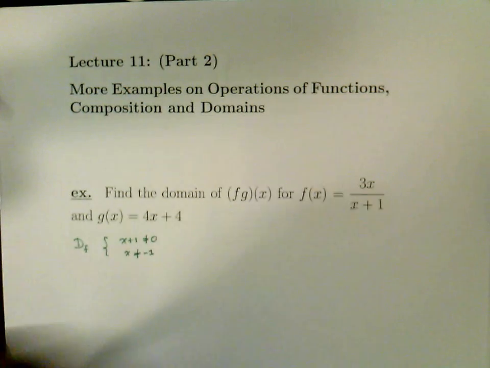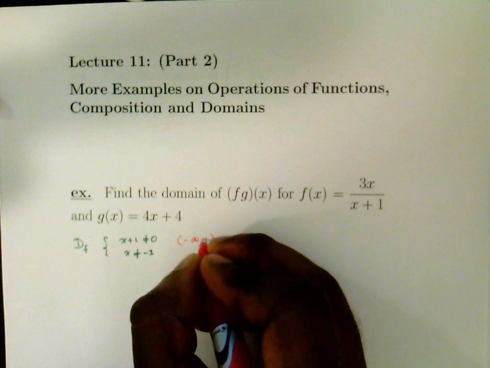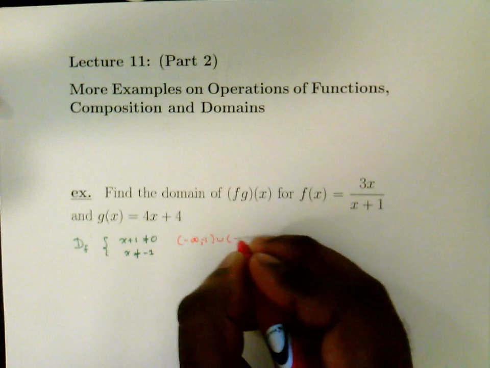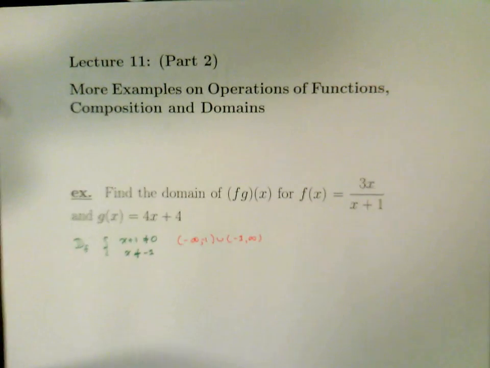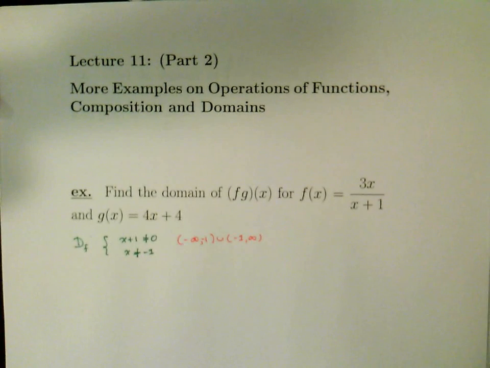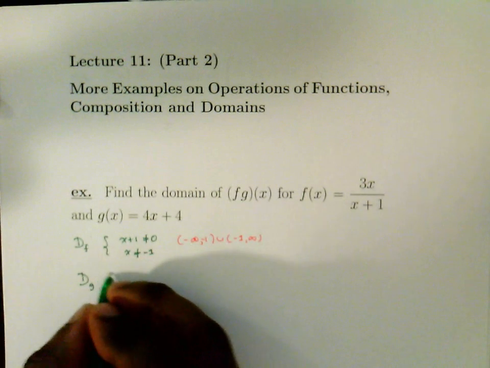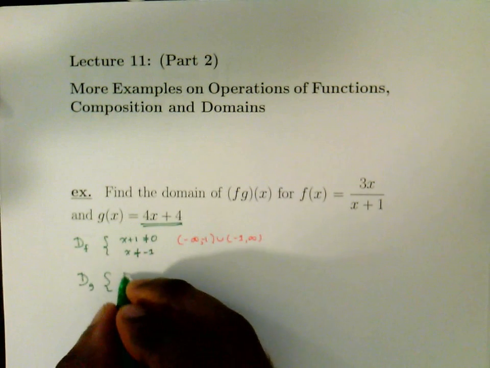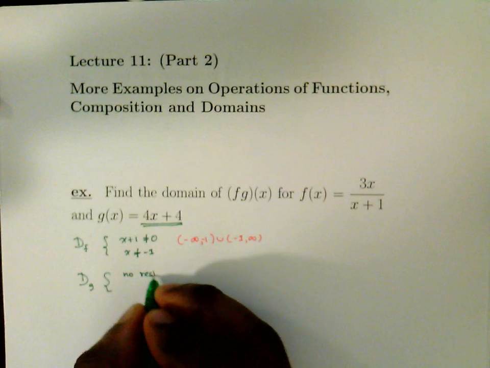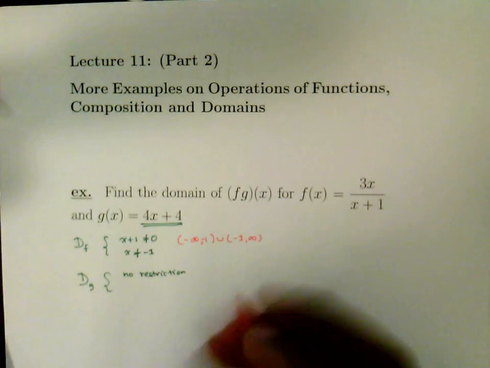In interval notation, that would be negative infinity to -1, union -1 to infinity. That's the domain of the function f. The domain of the function g is, well, it's a polynomial, a linear function, there's no restriction, so that's all real numbers.